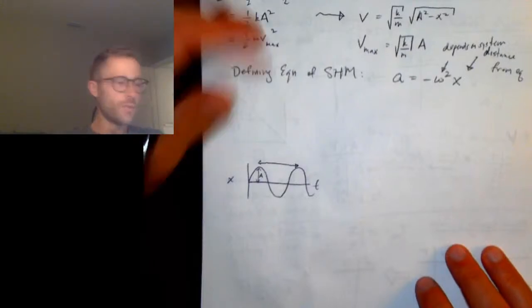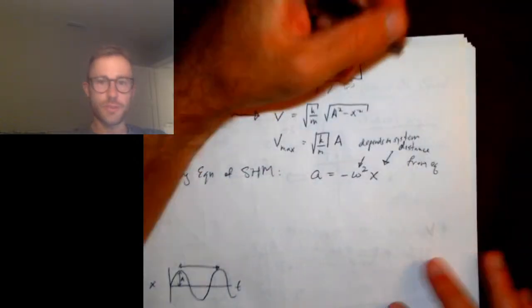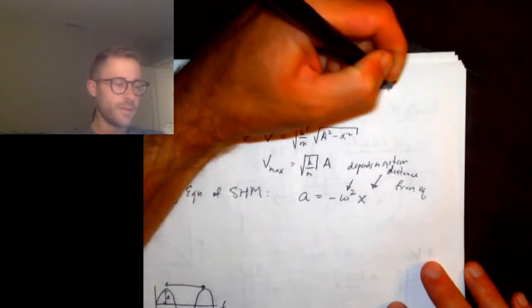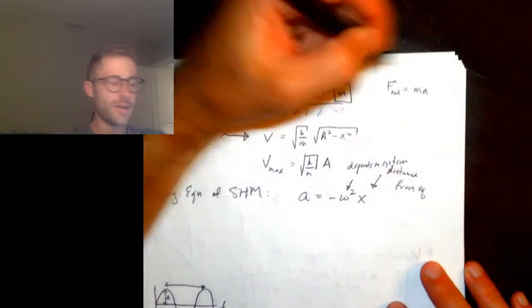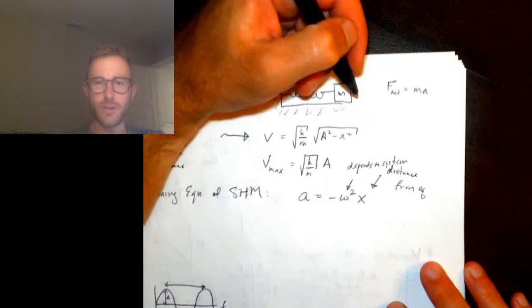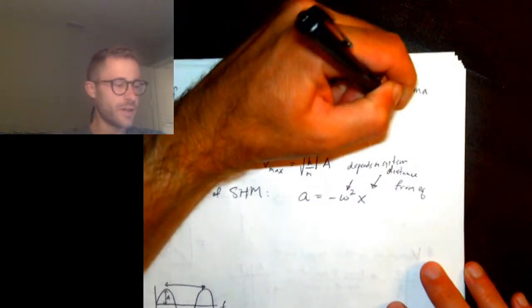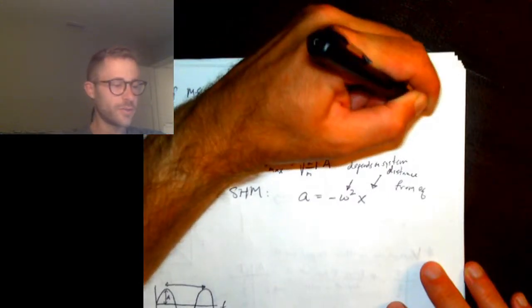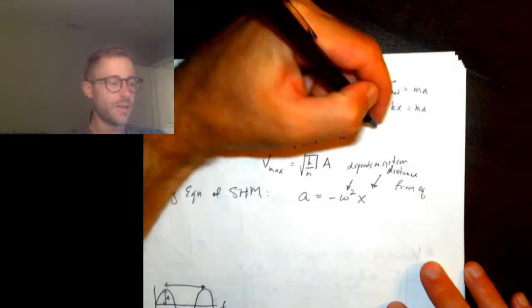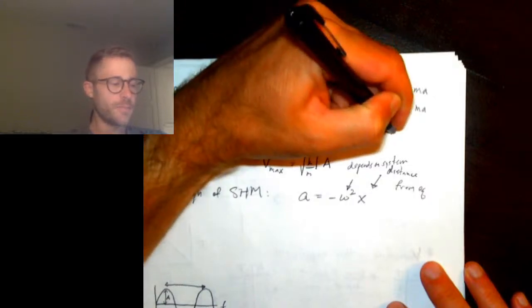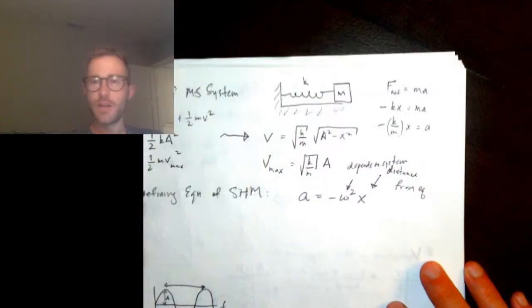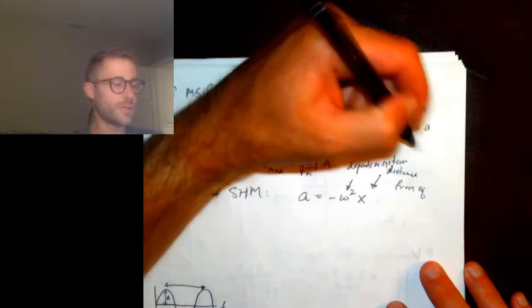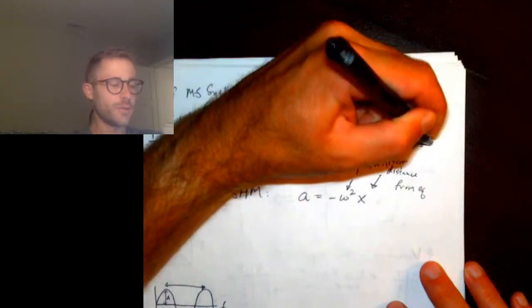So if we applied this to the mass spring system, we would have net force equals ma, and then the force is the elastic force, which is minus kx, so minus kx equals ma, and then I have negative k over m times x equals a. So this is the form of the simple harmonic motion equation with omega squared equals k over m.